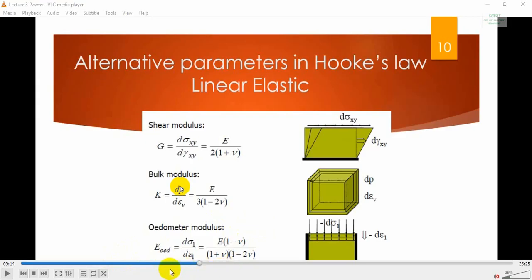You don't need to worry about these alternative parameters in Plaxis, because Plaxis automatically calculates them once you give it the values of the modulus of elasticity E and the Poisson's ratio mu.